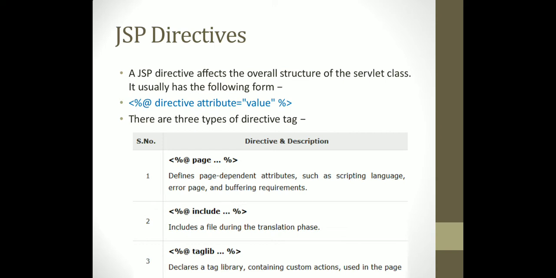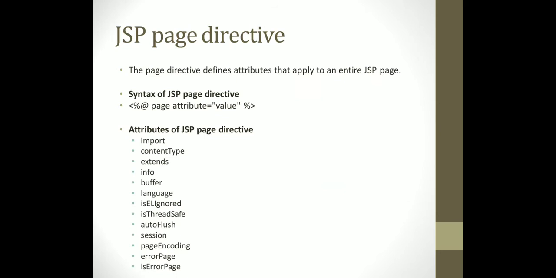The first, page, defines page-dependent attributes such as scripting language, error page, and buffering requirements. The second, include, includes a file during the translation phase. And the third, taglib, declares a tag library containing the custom actions that are used in the page.